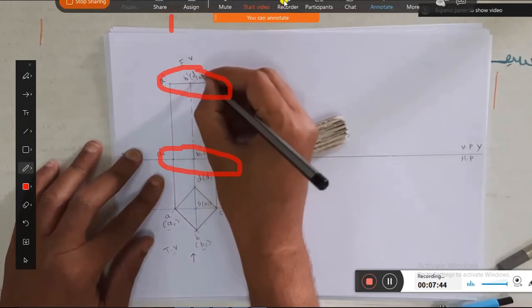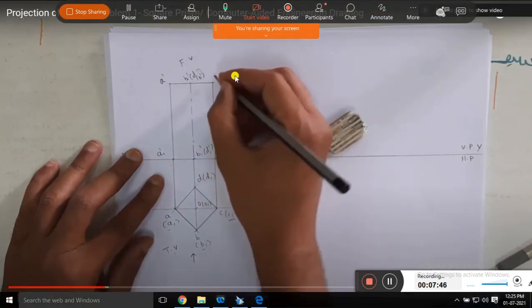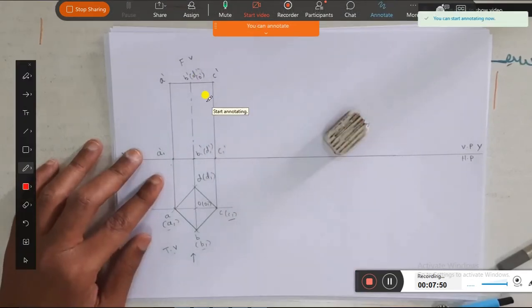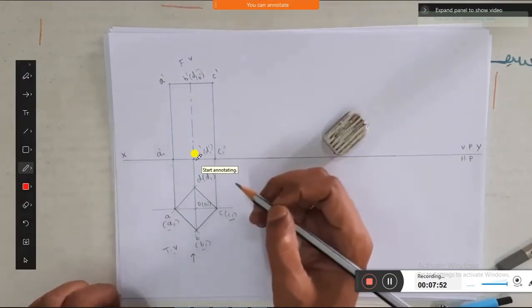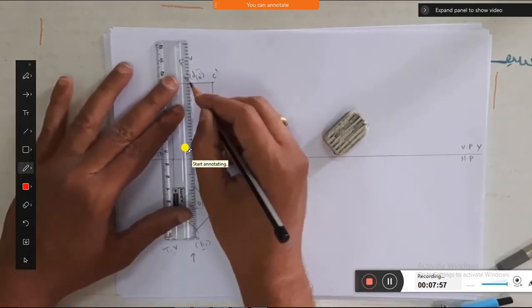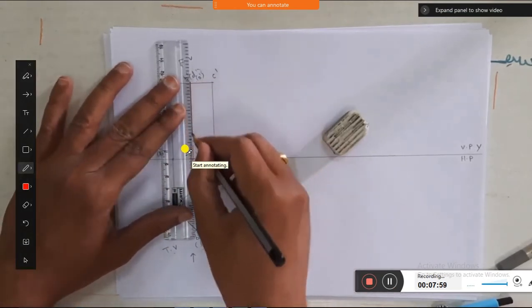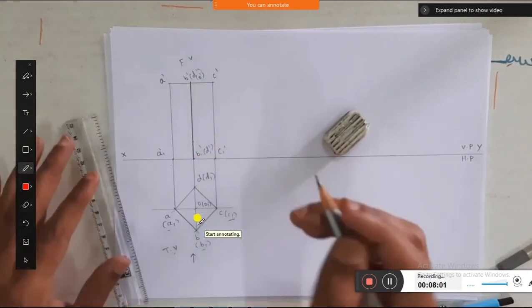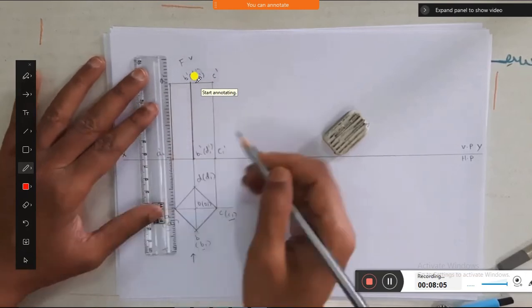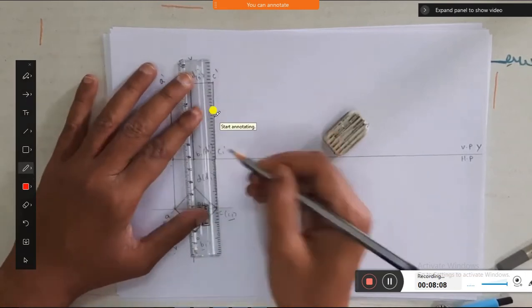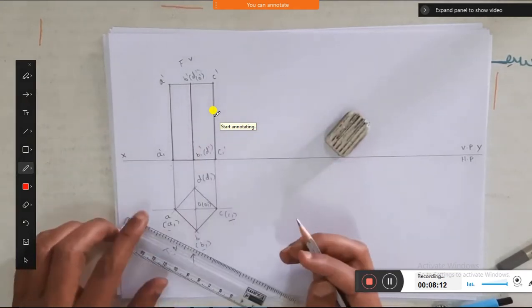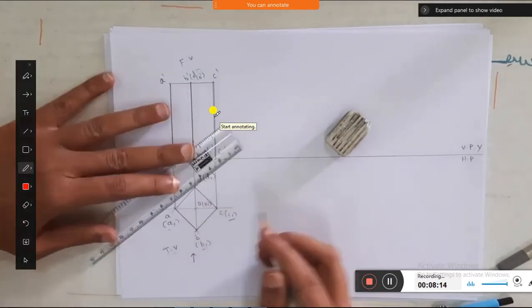Along with that you should also represent O and O1 dash. So see here, O1 dash is not visible and O dash is also not visible. Here also you have to represent O1 dash. You should write O1 dash. And this edge is merged with this axis because first B is visible. That's why this axis is not visible, because it merged with the axis. That edge B, axis O and edge D are all in the same line.